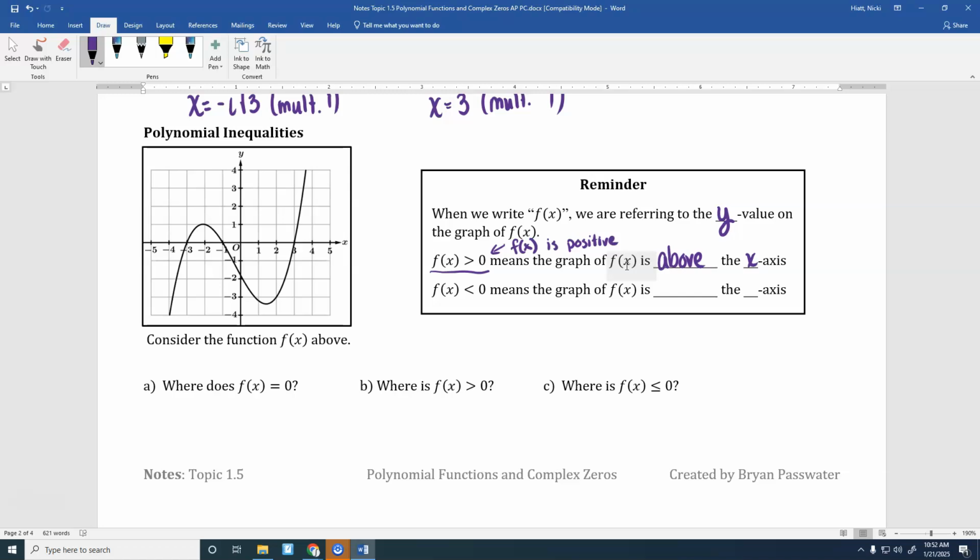And so if we flip that sign and make it a less than sign, then that means that the graph of f of x is below the x-axis. And this, of course, could also be written as f of x is negative.